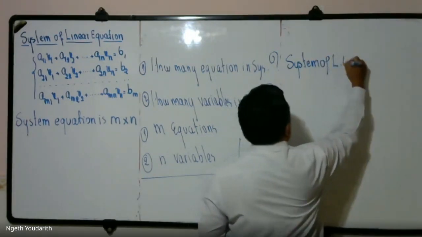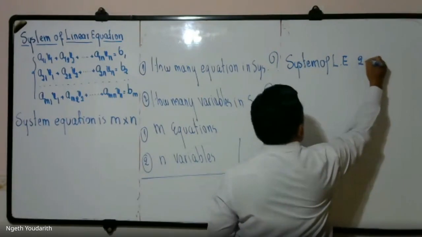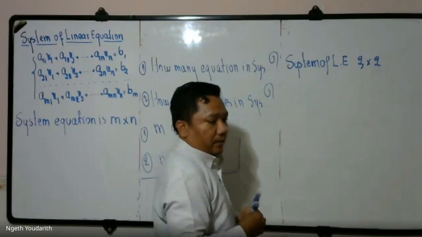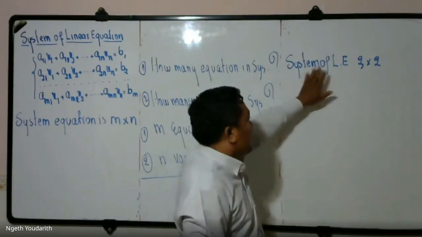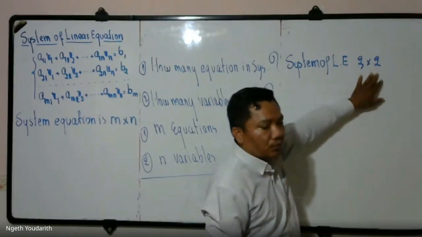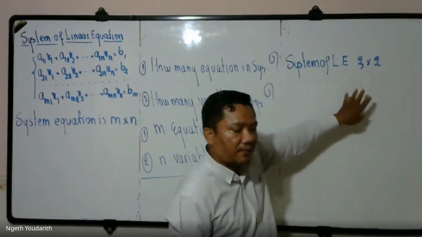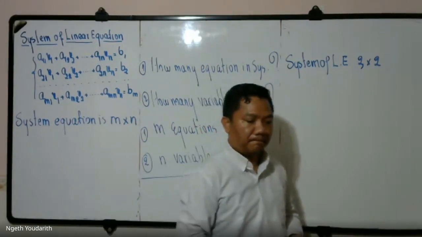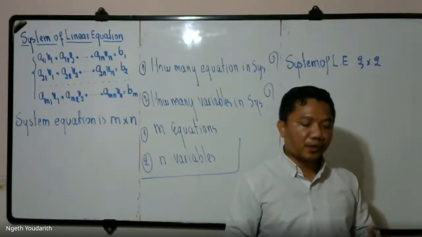So for example, if I write our system of linear equation 3 cross 2, what does it mean in this system of linear equation? It means the system has 3 equations and 2 variables.